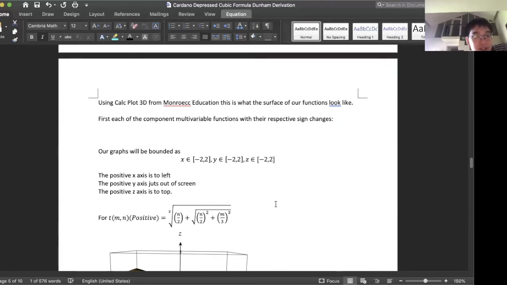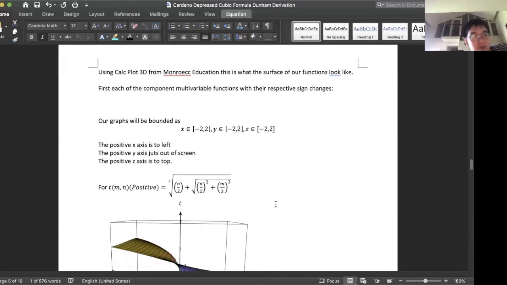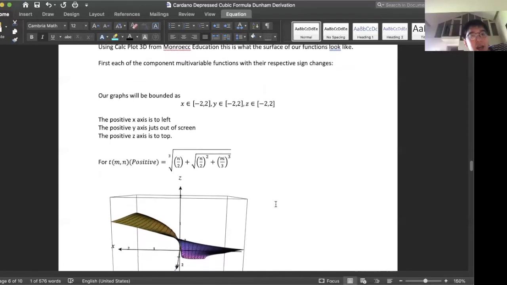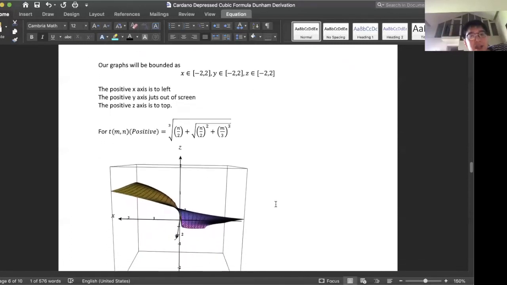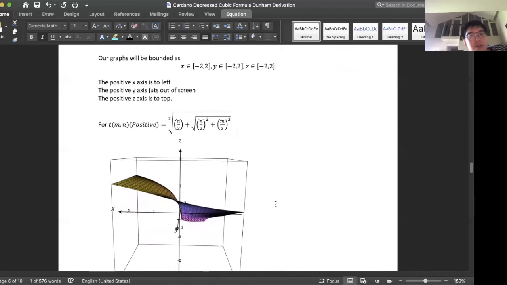Briefly, I would like to thank Monroe Community College for providing their CalcPlot3D applet to the public domain that I happen to use. For this particular topic, I think it's best if we take a look at the small two-variable functions of u and t first before we combine them together for x of m and n. I have my 3D graphs from the site bounded between -2 and 2 for each of the axes.